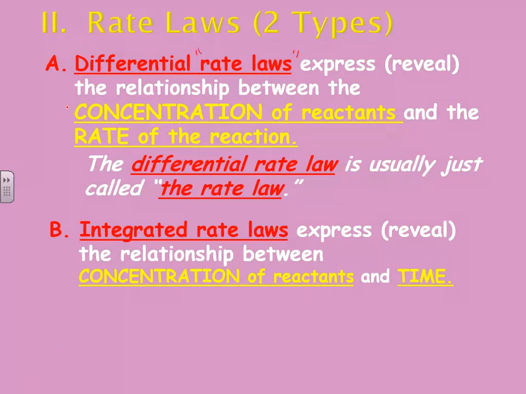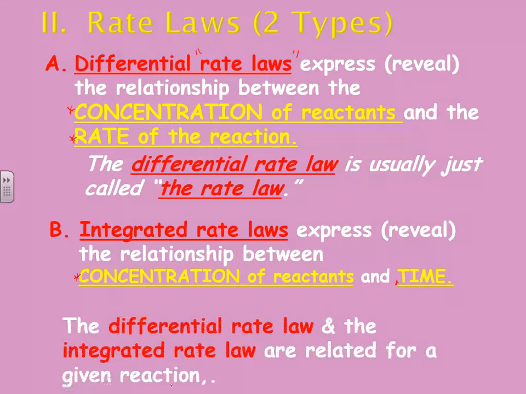So again, in the differential rate law, it's the relationship between the concentration of the reactants and the rate of the reaction, whereas the integrated rate law is relating the concentration of the reactants to simply time passing by. The differential rate law and the integrated rate law are related for a given reaction.